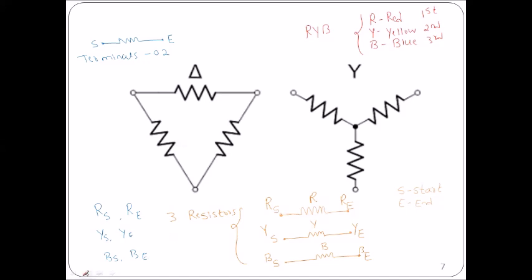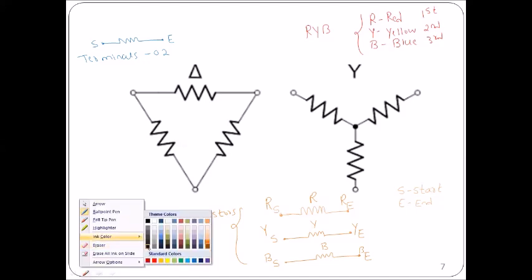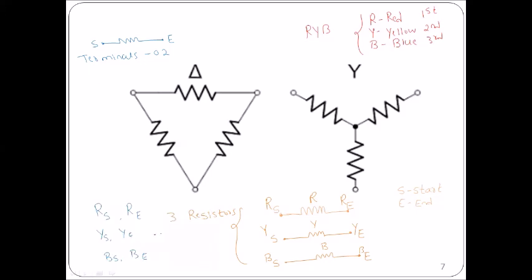For these three resistors, we have marked the terminals as given over here. So if you count the number of terminals, there will be a total of six terminals: 1, 2, 3, 4, 5, and 6.